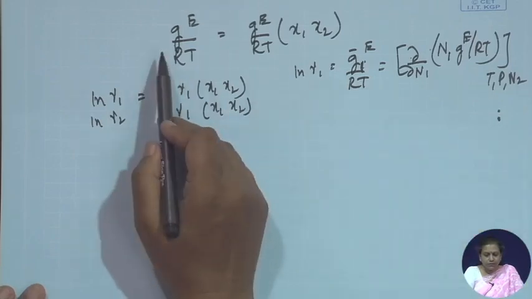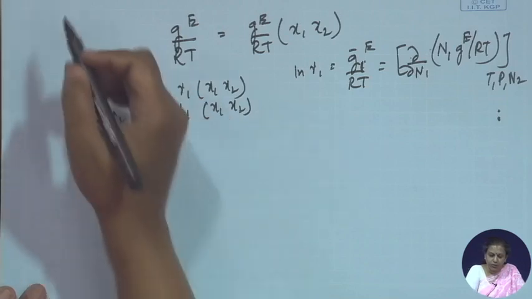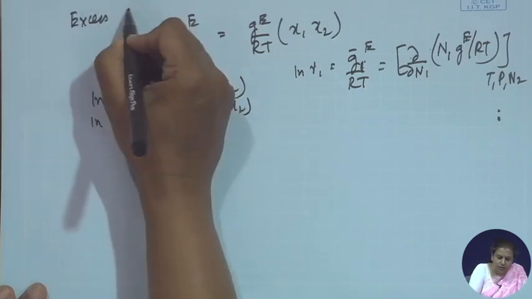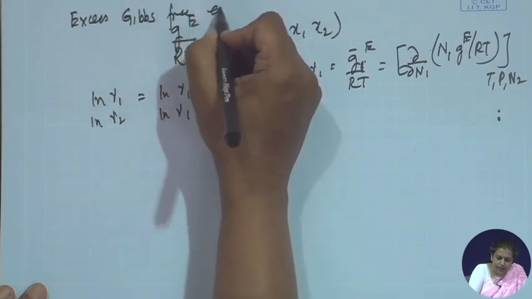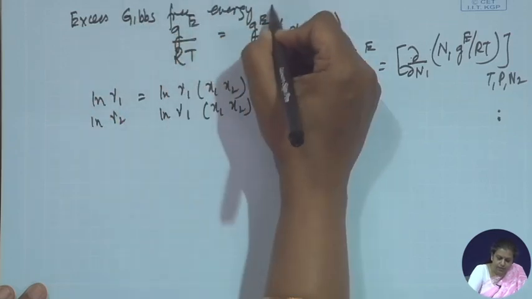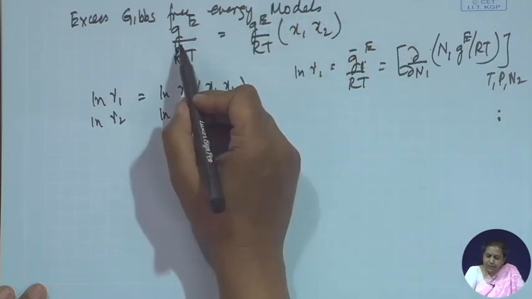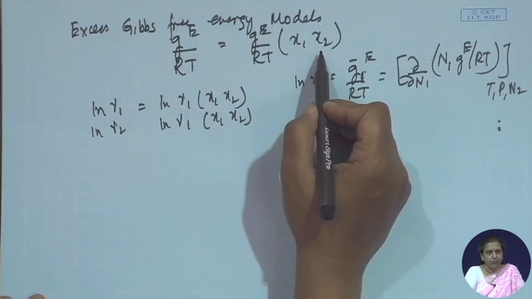So, usually we try to find out the activity coefficient from some particular models which are known as excess Gibbs free energy models, which express excess Gibbs free energy of the solution as a function of its composition.